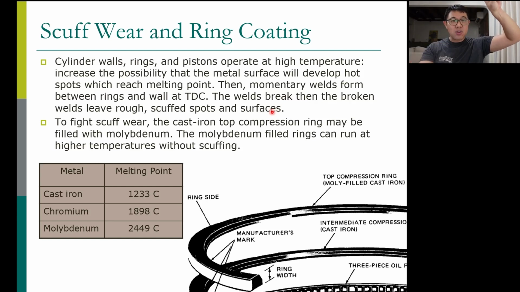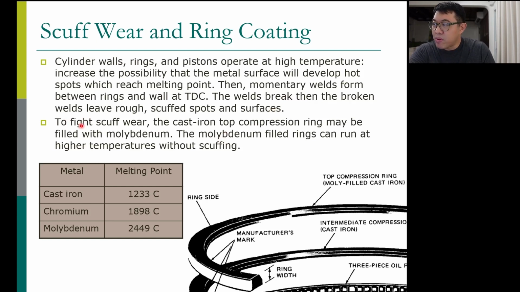Now the piston goes down, and this melted cast iron cools down, and then the piston scratches it out, and now you get a little piece of metal running around inside the cylinder, and then it causes scuff wear. It causes wear on the cylinder wall surface.